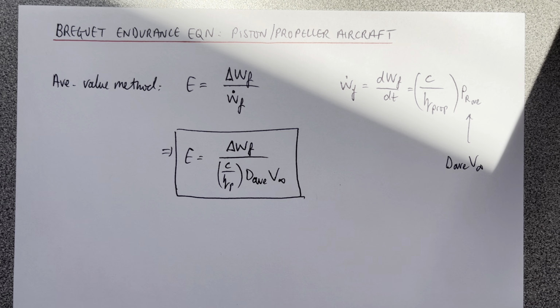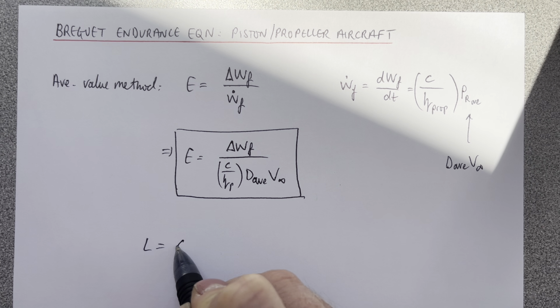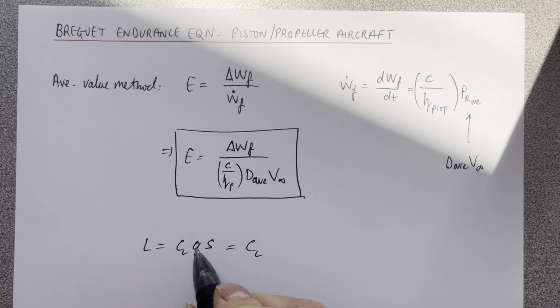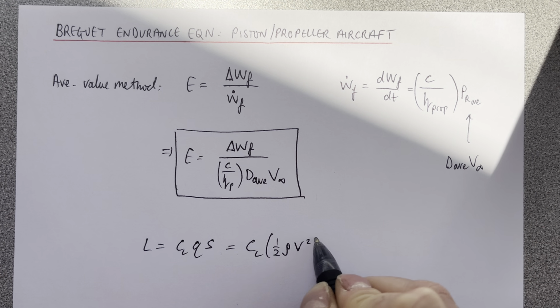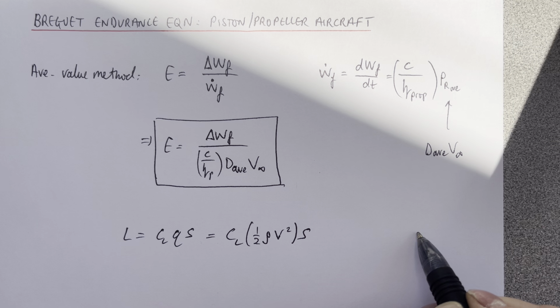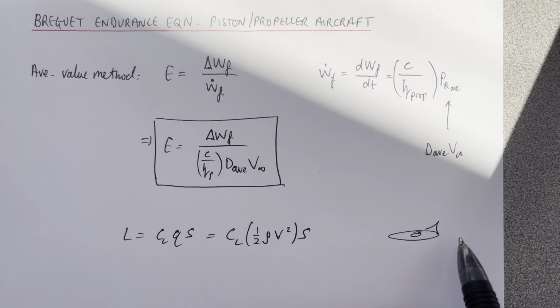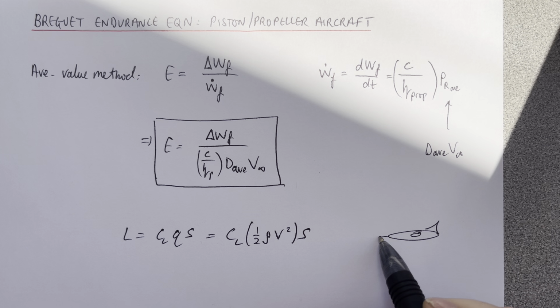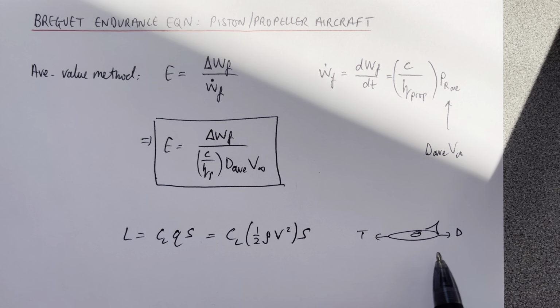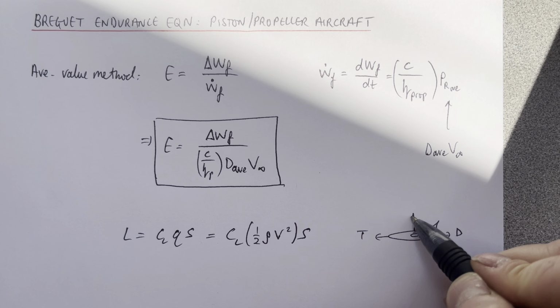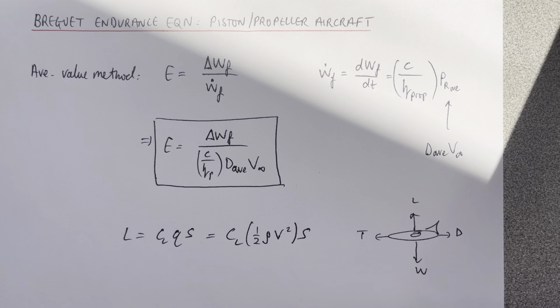If we look at our lift equation, lift is CL Q S, where Q is our dynamic pressure, 1/2 rho V squared. For a cruise problem, by which I mean flying at constant altitude and constant speed, thrust is equal to drag because we're at constant speed, and lift is equal to weight because we're at constant altitude.